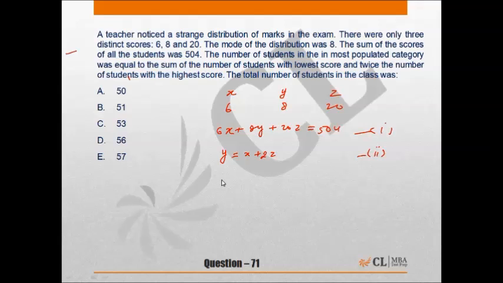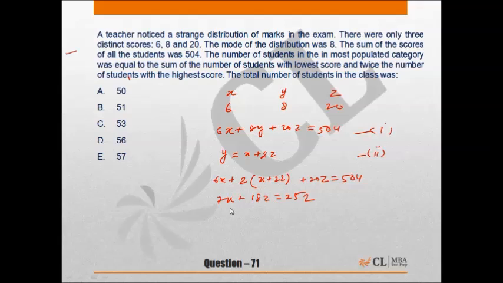So substitute the value of y in the first equation from the second. After this we get 6x plus 2x plus 2z plus 20z equals 504, and on simplification we get 7x plus 18z equals 252.